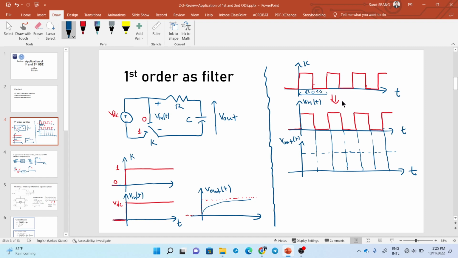So you switch on and off very fast. Then the response of the system would be something like this. I can draw here. Yeah, something like this. Okay. So the faster the frequency you choose, the smoother the output of the voltage. Okay. So this is kind of filter.